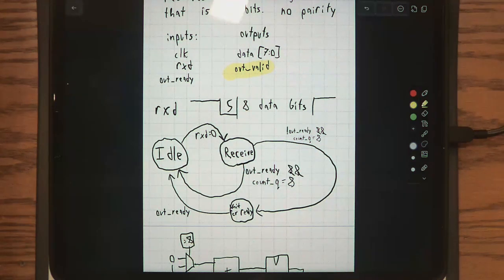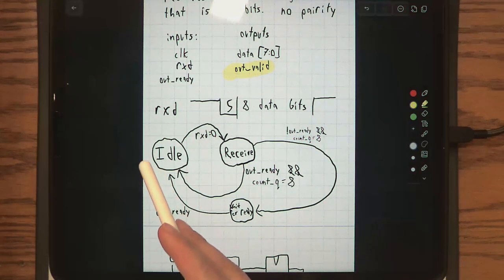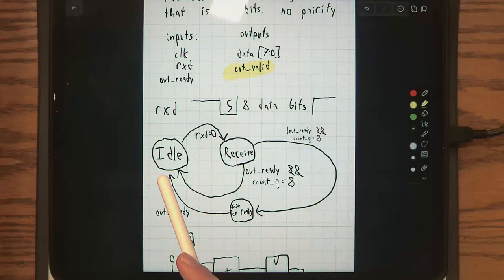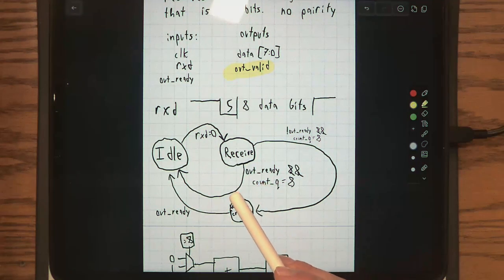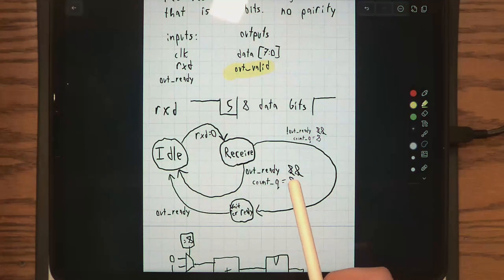So after we've already sent the data, we actually want to reset valid back to 0. Yeah, so it's when out ready is 1, but then also it's when count Q is probably equal to 8.